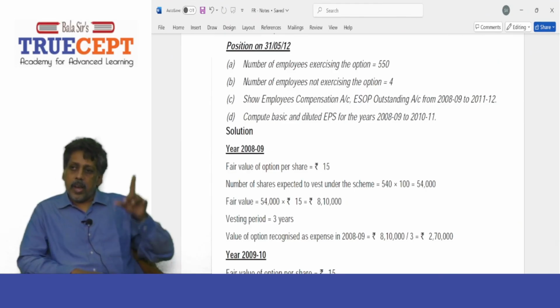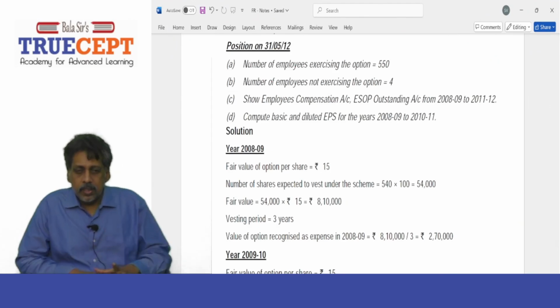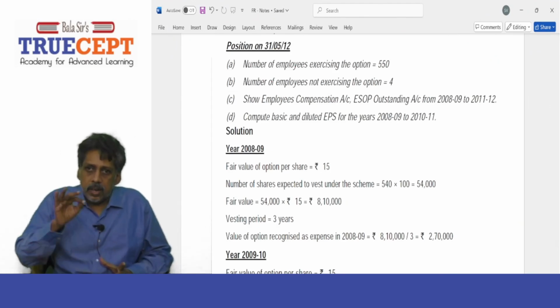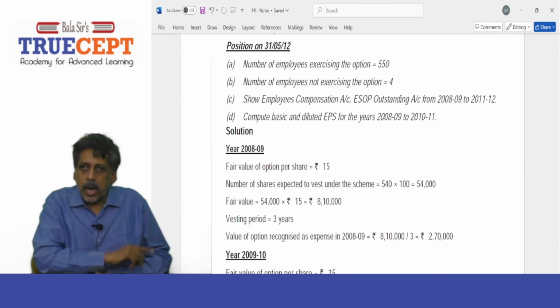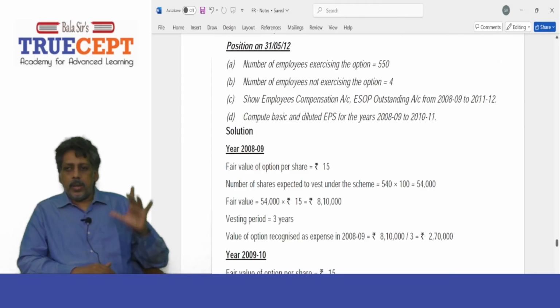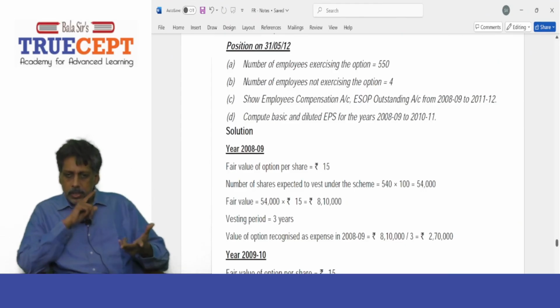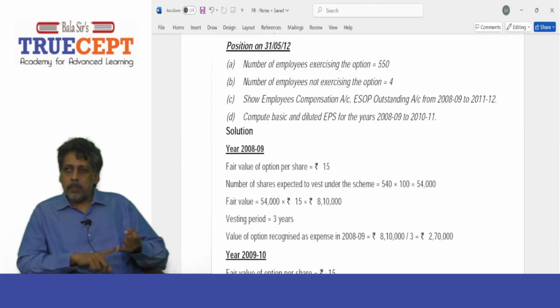In fact, the standard IND AS 102 uses a phrase share option outstanding account instead of share based payment reserve. Is that fine? Please remember, you can either call that the share or stock options outstanding account. What is the other name? Share based payment reserve. Is that clear?